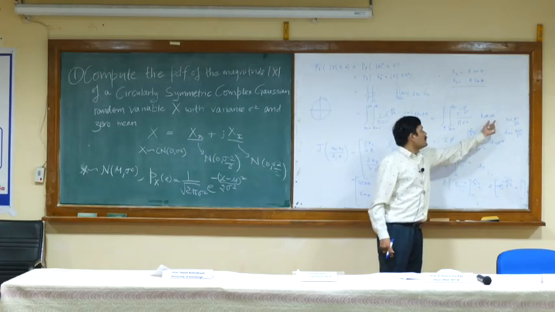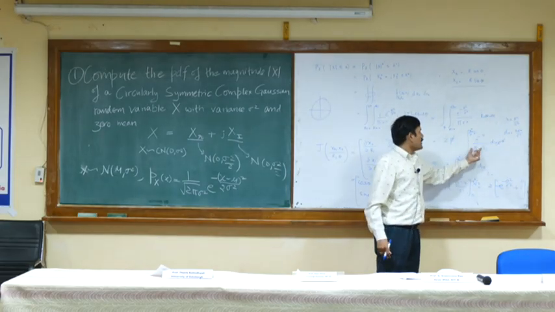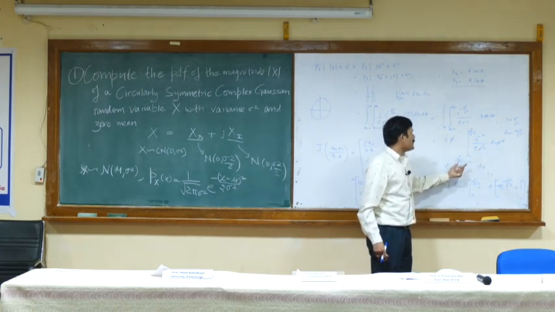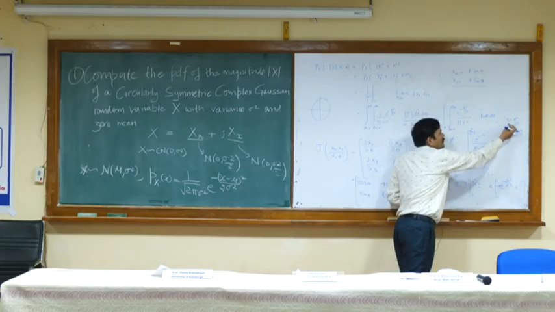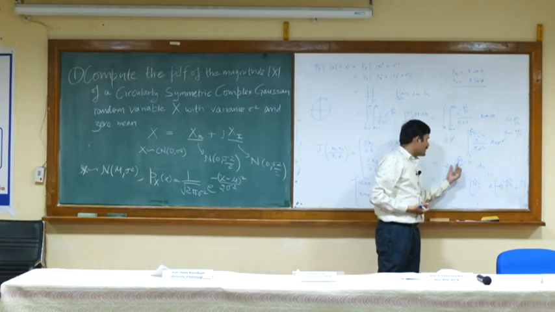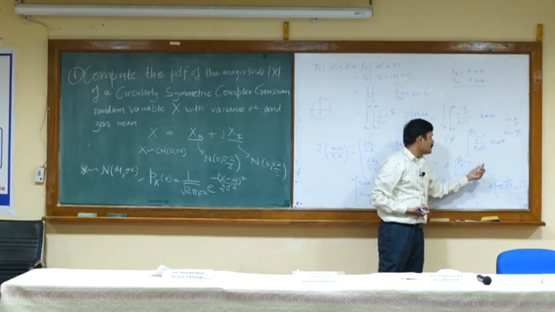This 2 pi comes out from the theta integration. So I will get 0 to a square divided by sigma square here, because we have changed the limit. If r equals a, then u equals a square divided by sigma square. So I will get this integration, 0 to a square divided by sigma square, e to the power minus u du.